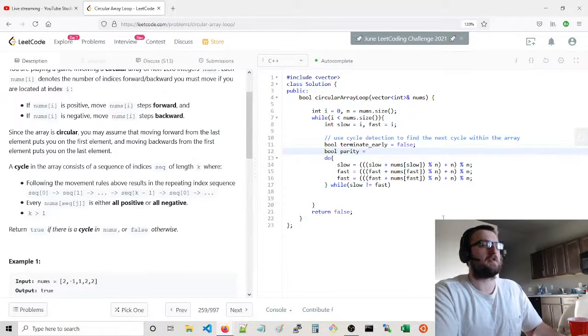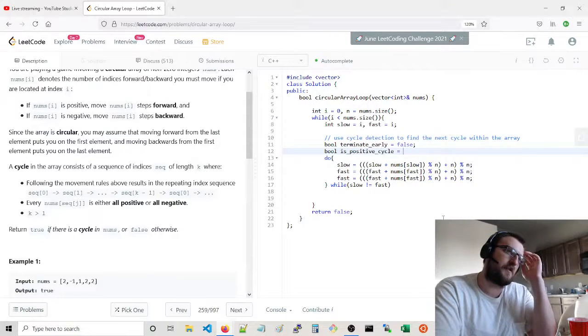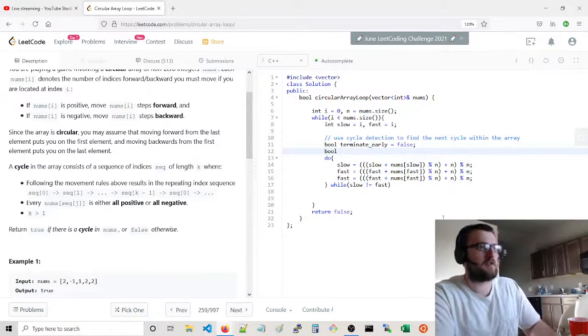So the parity, I would just say is negative or is positive. Cycle equals, we're going to say, so this really should be the same parity.